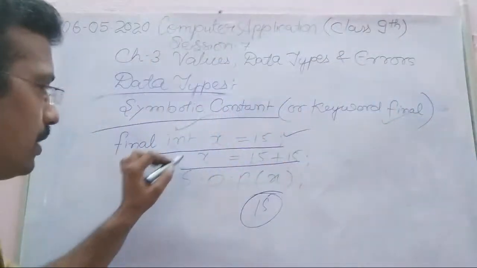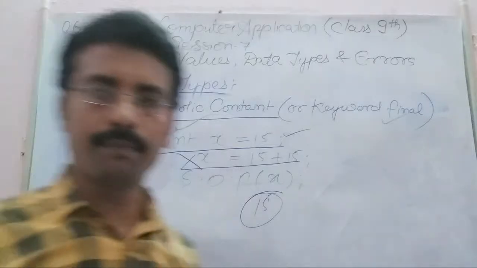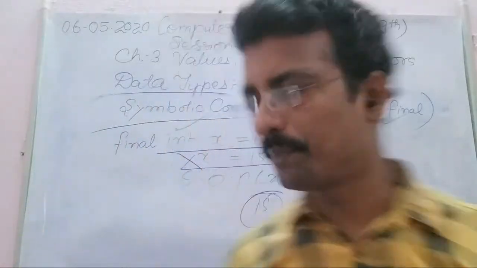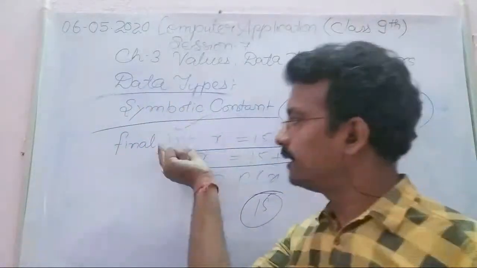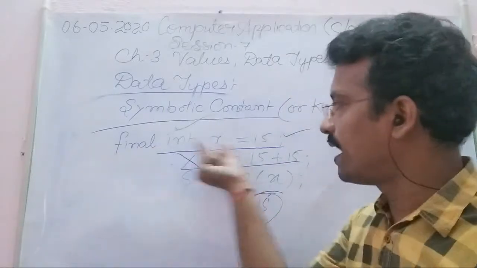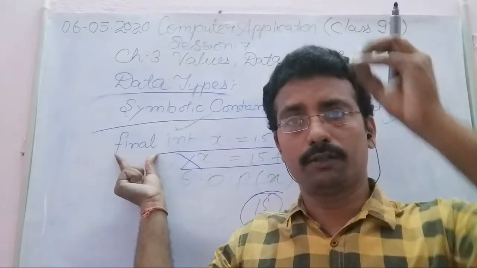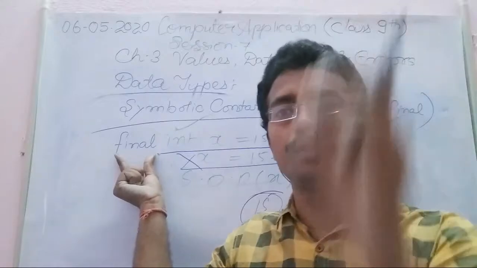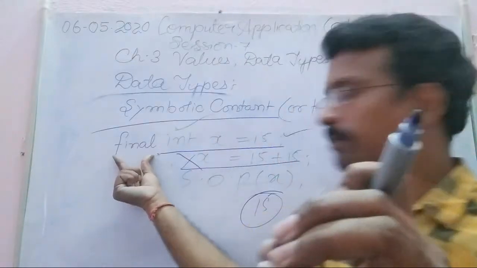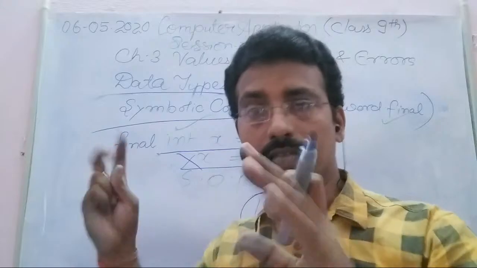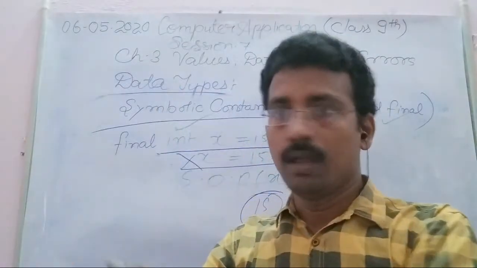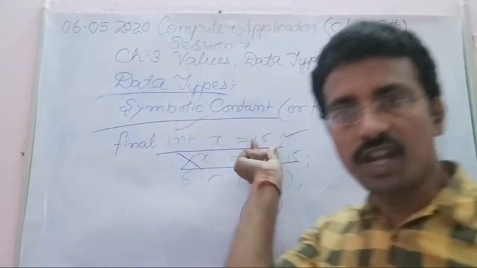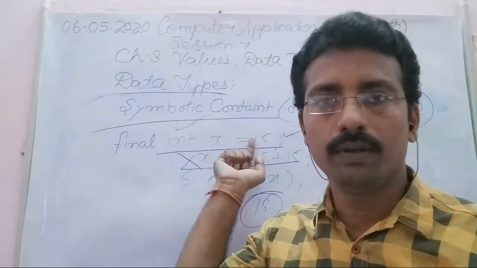This change will not take place in the memory. Why does it happen? Because you have said this variable is final, means a constant variable. This variable is not going to change its value.